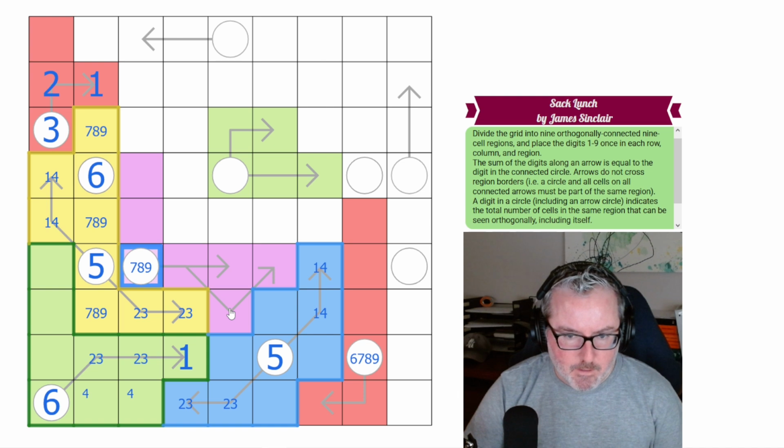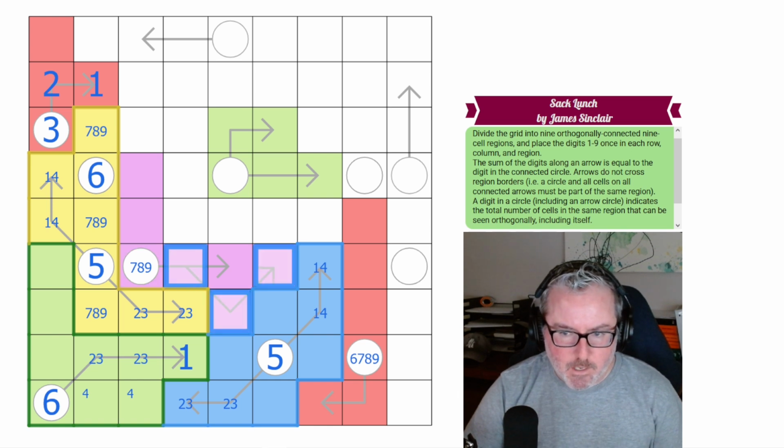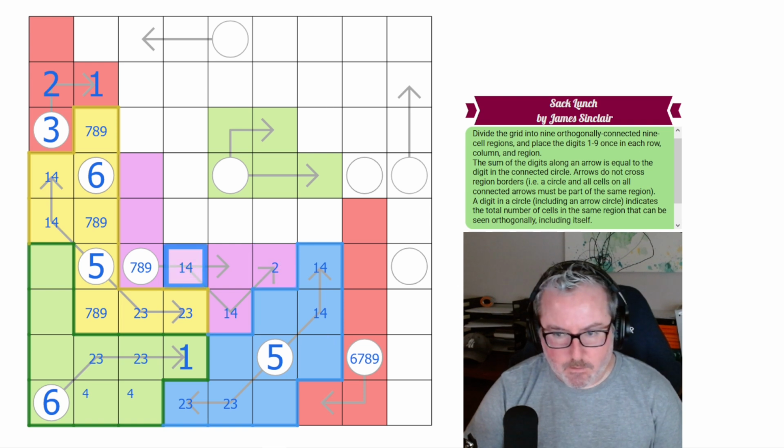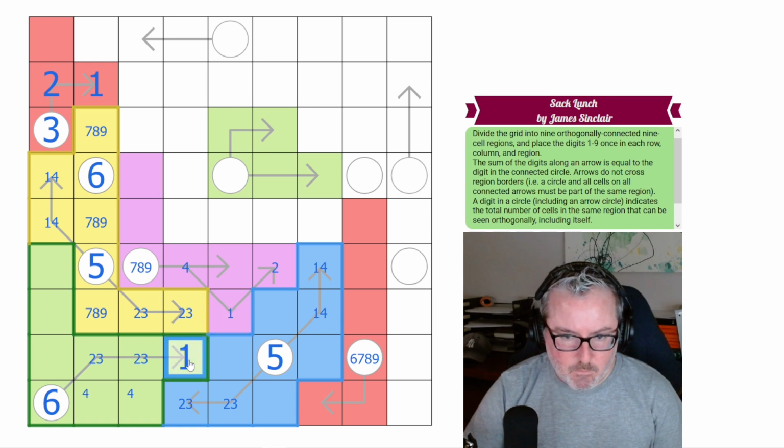Do we want to think about 7? These would have to be 1, 2, 4. Neither of these could be a 2, which would force this to be the 2. In fact, this would just be a 4 because of the 1 and the 2 looking at it.